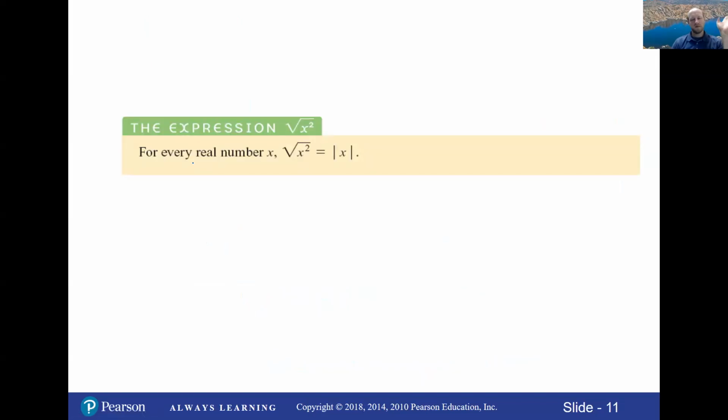Here is a rule for when we do the absolute value. For every real number x, just imagine this is a real number, the square root of x squared is going to be the absolute value of x. I will give you hints on this. I'm going to say, this is one where you have to worry about absolute values. Because technically, if I have the square root of 25, that could be 5 or it could be -5.